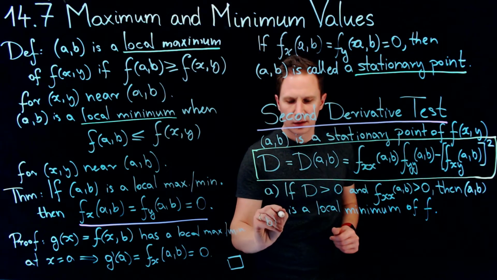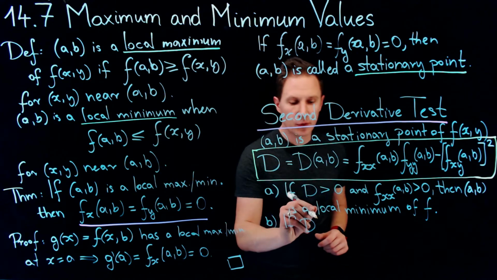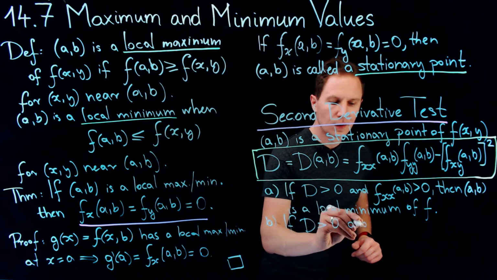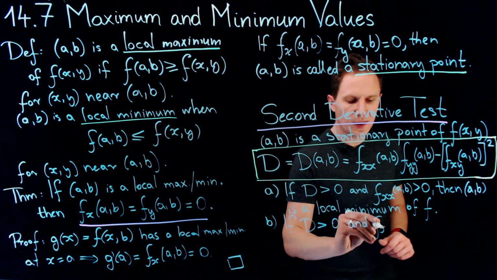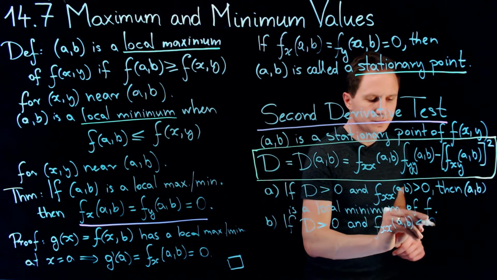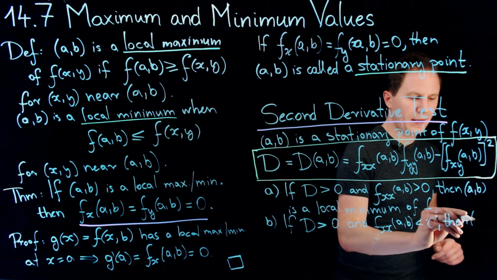Second case, if this number capital D is positive, but the second order partial derivative with respect to x at AB is negative, then we have found a local maximum.